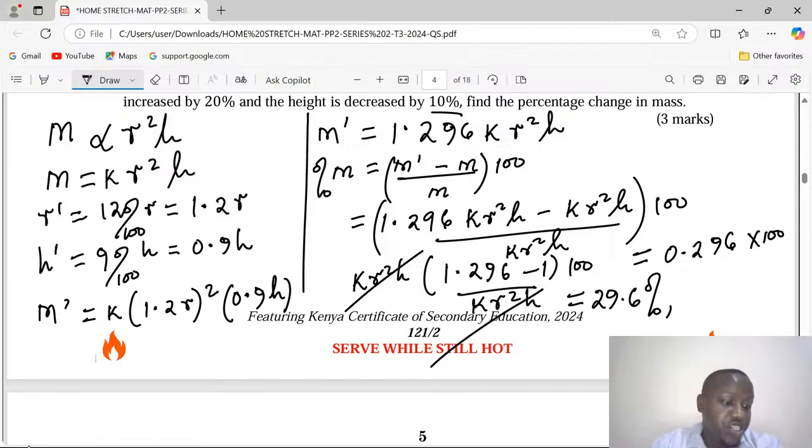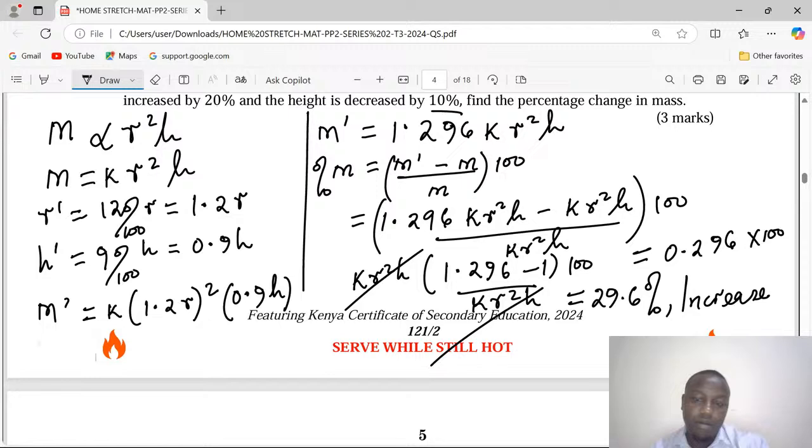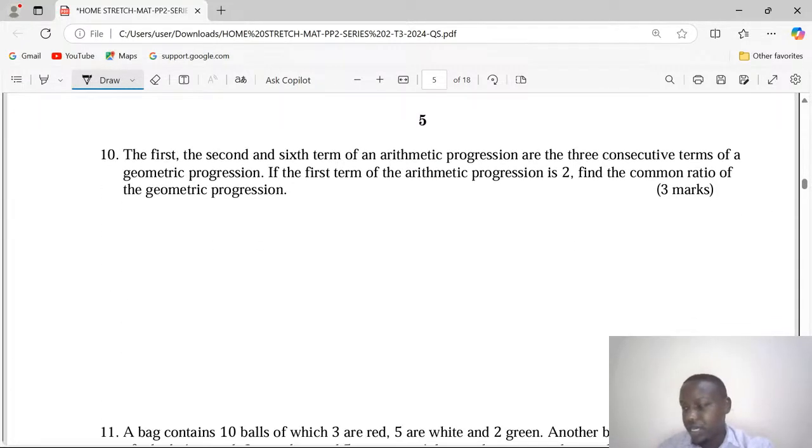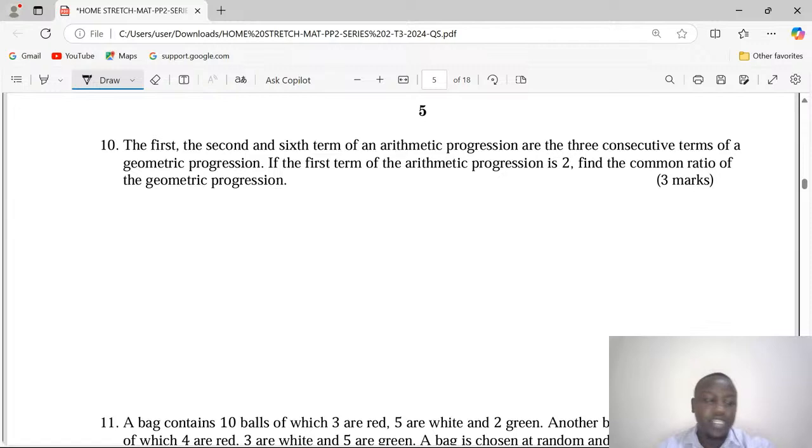This is the change, but being positive, we conclude that it's an increase. 29.6% increase.